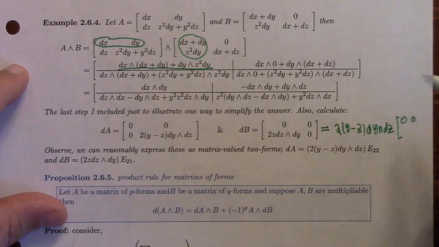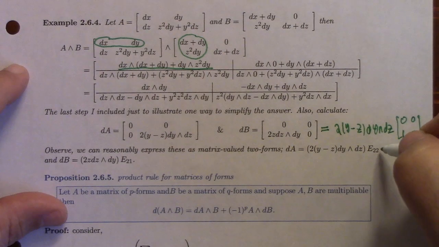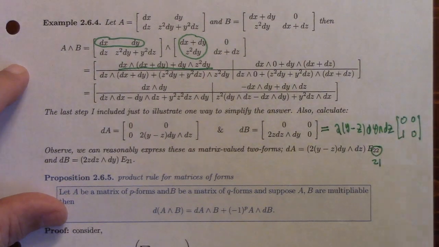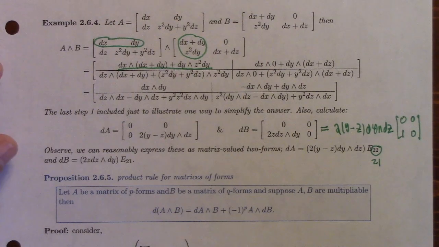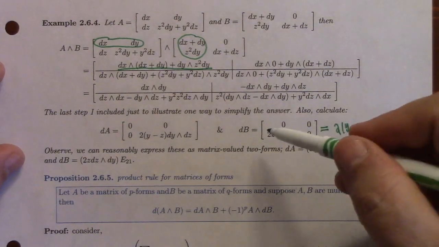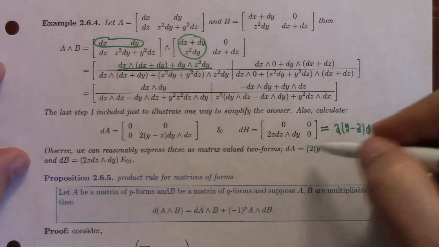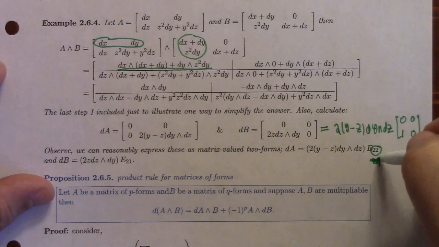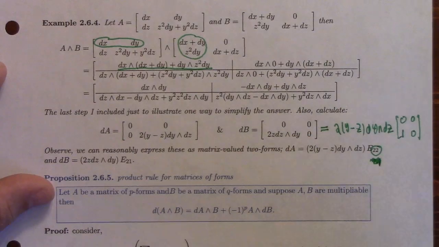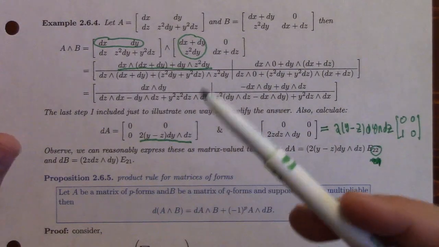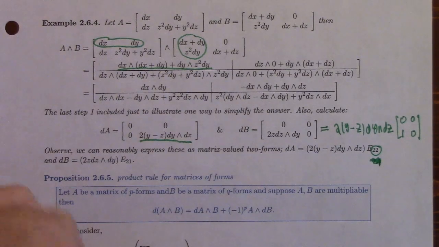Oh wait, 1, 0. This is a typo, my apologies. That should be 2, 1. Wait a minute, was this dB? This was dB. Oh, no, that's dA. So yes, that's 2, 2. So sorry. All right, anyway.